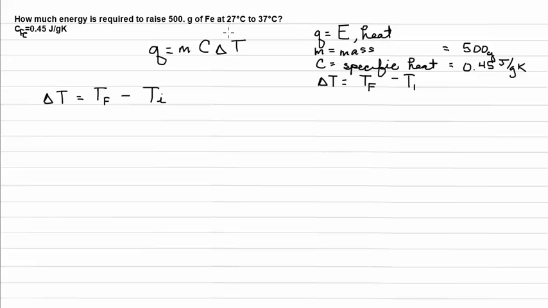And now why do I keep screwing up Kelvin versus Celsius? Let's do it both ways. Let's find the delta T for this particular one in degrees Celsius. So T final is 37 minus T initial is 27. The delta T then is 10 degrees Celsius. Let's figure it out in Kelvin.